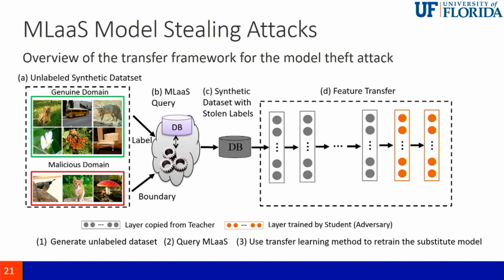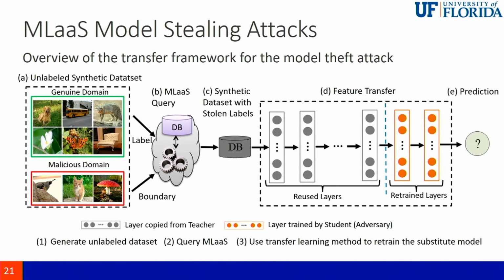And then all the queried data becomes a synthetic data set with what we call the stolen labels. And then we have our own machine learning model locally. This model has multiple layers. Some of the layers are reused layers, which are already fixed. Some of the layers are retrained layers, and normally the retrained layers are at the end of the model. Then we use our synthetic data set to train the last few layers.